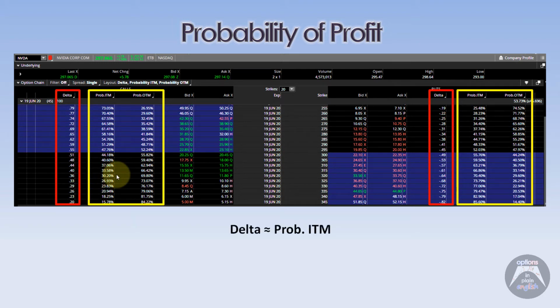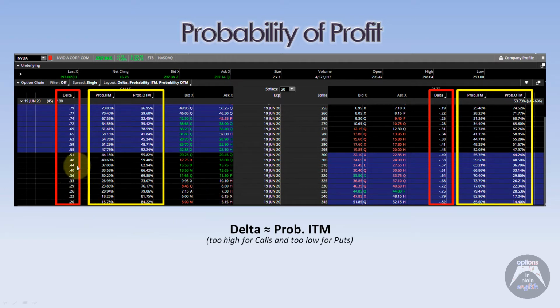The delta is only somewhat of an approximation to the actual value of probability of expiring in the money. In particular, the delta is usually too high for the calls and too low for the puts. So it's always overstating the probability for calls, and it's always understating the probability for puts.